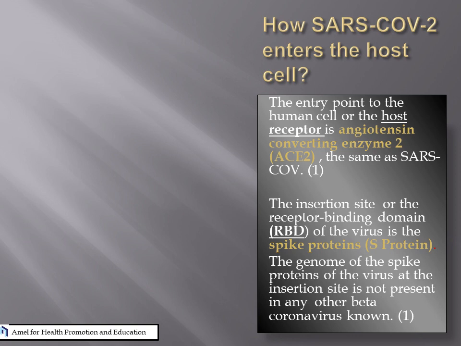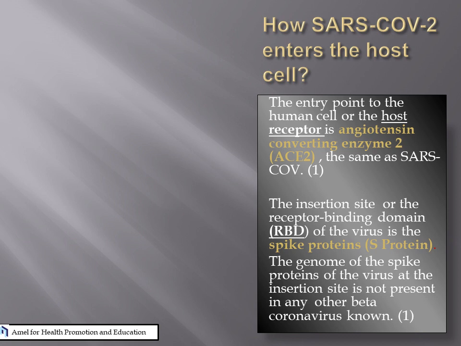How SARS-CoV-2 enters the host cell. Any virus, in order to infect the body of the host, needs 2 things. It needs an entry point in the body of the host, which is called the host receptor, and it needs a part of the virus that can bind with that receptor, which is called the receptor binding domain, shortly RBD.